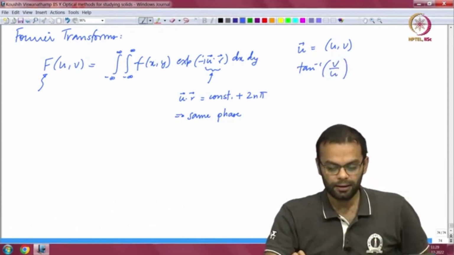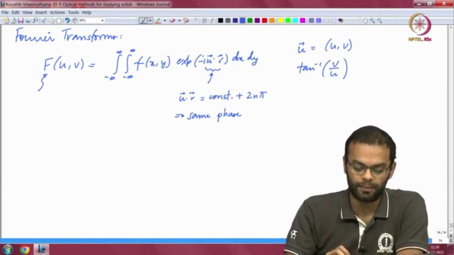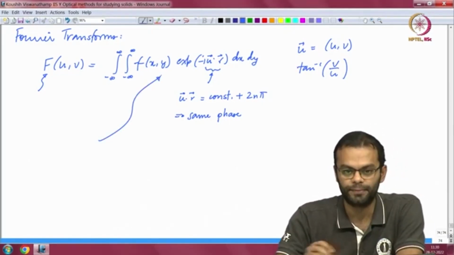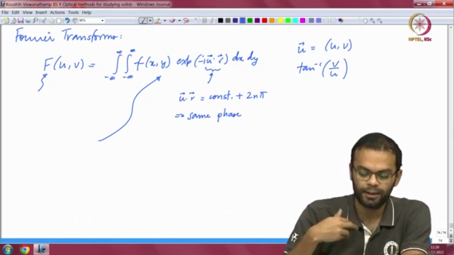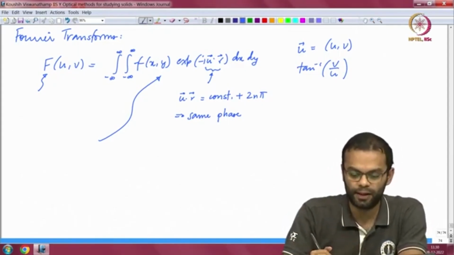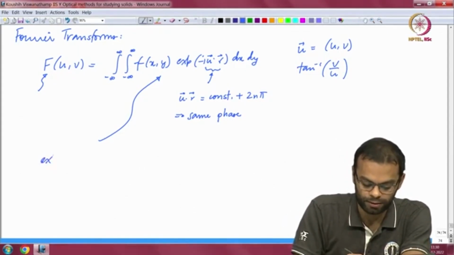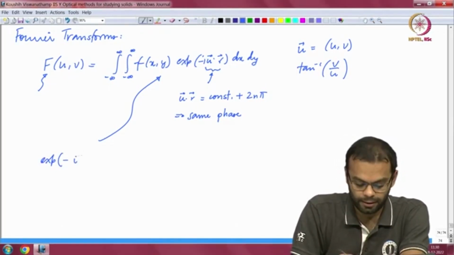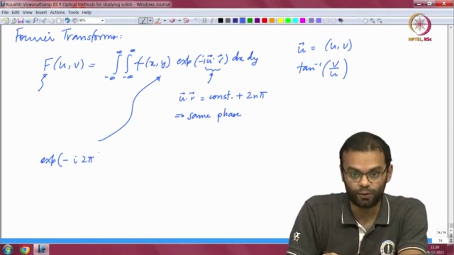Okay. So, I will make a couple of changes to this notation. This notation, u dot r equals constant, is intuitive, but it turns out to be better to use a slightly different definition of the frequency, which has an explicit factor of 2 pi outside.